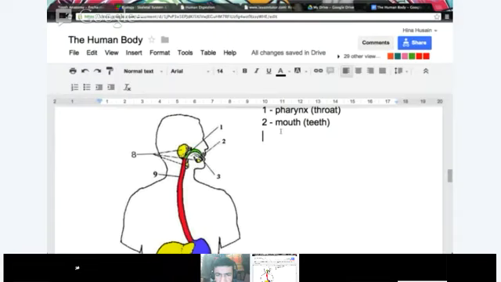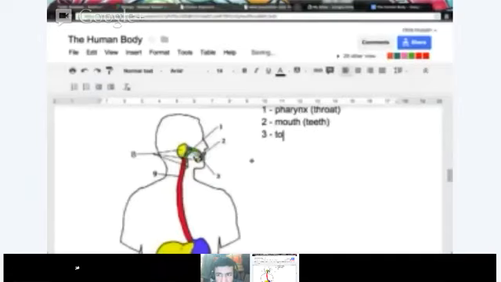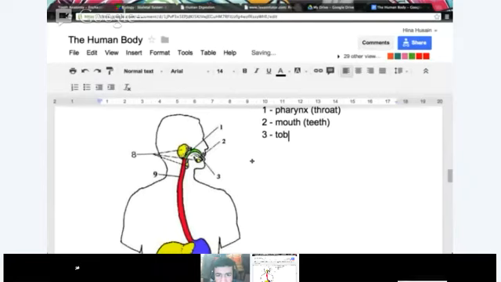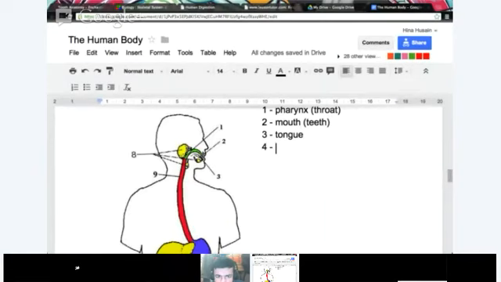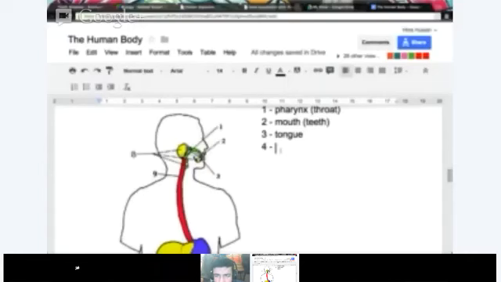But let's do number 3 together. What is number 3? Can everybody see number 3? Number 3 is a tongue. So we have pharynx, which is the throat. We have mouth, which holds the teeth. Number 3, we have tongue.